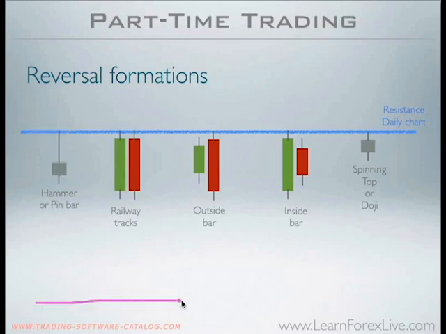If it was a level of support and price was coming down to retest that level, the hammer should look the other way around: small body, small wick to the upside, and a long wick to the downside.